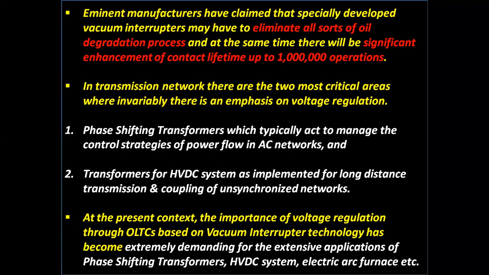In the present context, the importance of voltage regulation through OLTCs based on vacuum interrupter technology has become extremely demanding for the extensive applications of phase shifting transformers, HVDC systems, electric arc furnaces, etc.